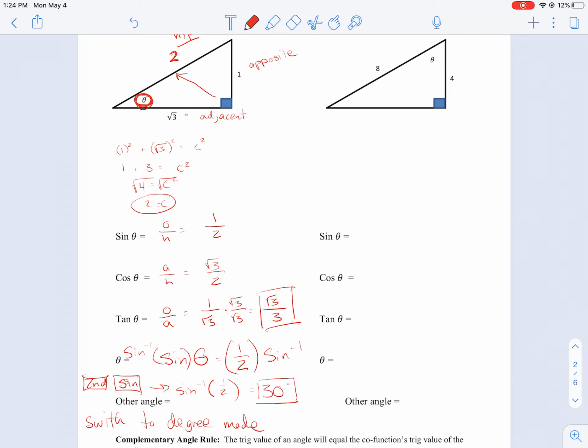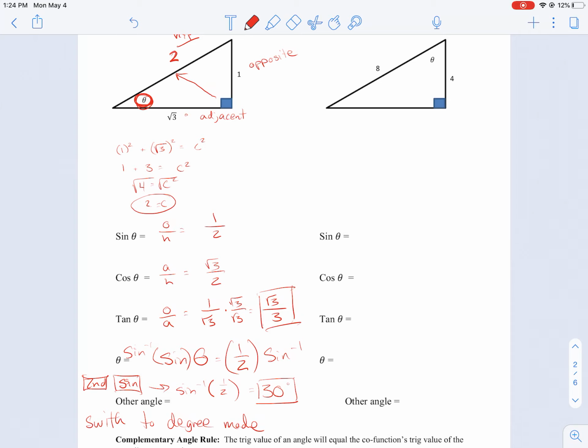So what we just found, based off the sides of this triangle, is our degree measure of that particular angle. And you can try the same thing for cosine or tangent. So let's just go second cosine. And in this case, we're not going to type in 1/2. We're going to type in square root 3/2. Whoops, made a mistake there.